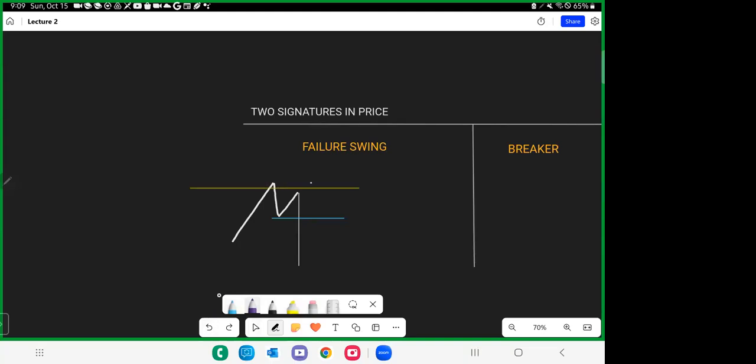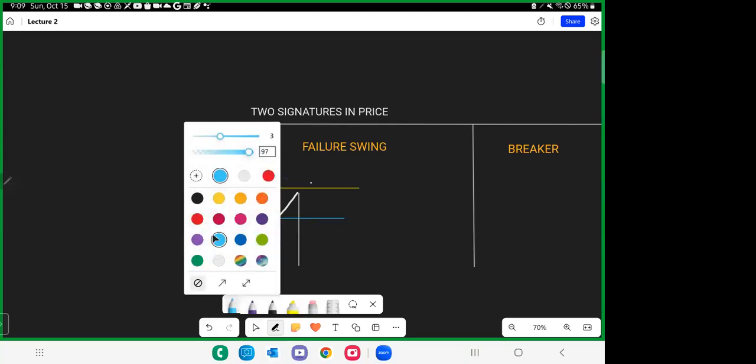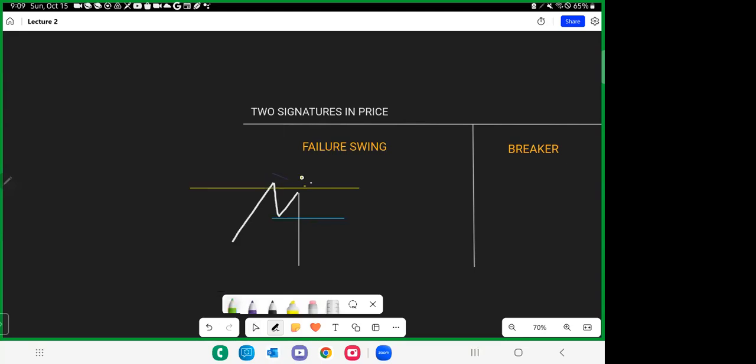Now, the failure swing. This is that low resistance signature. Low resistance because if you think about it, this is what we reference as layered liquidity.